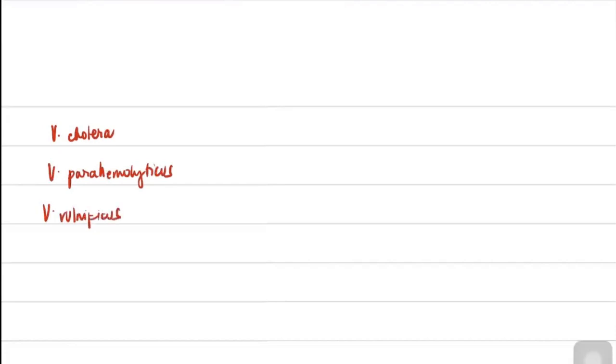First, let's differentiate them based on their growth on TCBS. TCBS is thiosulfate citrate bile salt sucrose agar. Based on their growth on TCBS, your Vibrio cholera is positive for sucrose fermentation, thus it has yellow colonies, whereas the other two are sucrose non-fermenters.